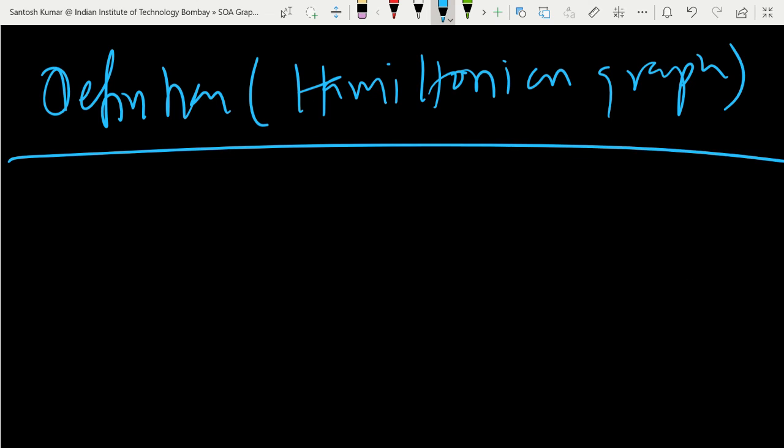So what is a Hamiltonian graph? If you get a Hamiltonian cycle. So what is a Hamiltonian cycle? A spanning cycle that contains, obviously, all the vertices exactly once.